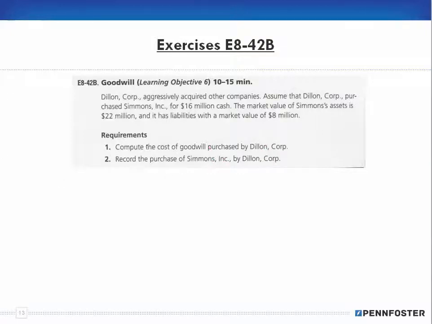All right. So the purchase price is $16 million. The market value of the assets is $22 million. And it has liabilities of $8 million.